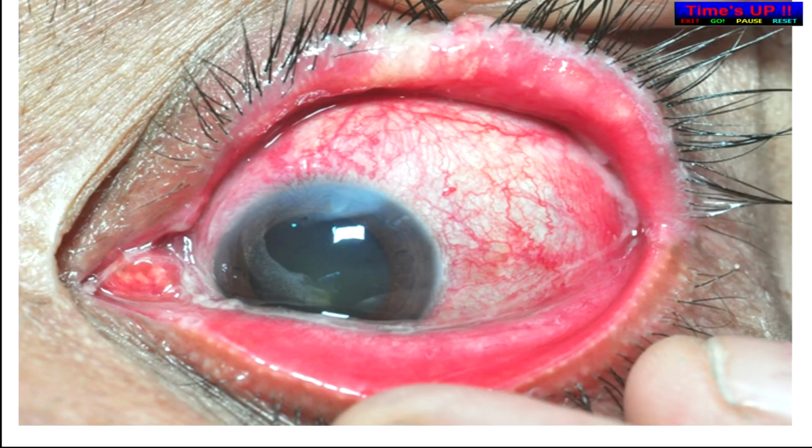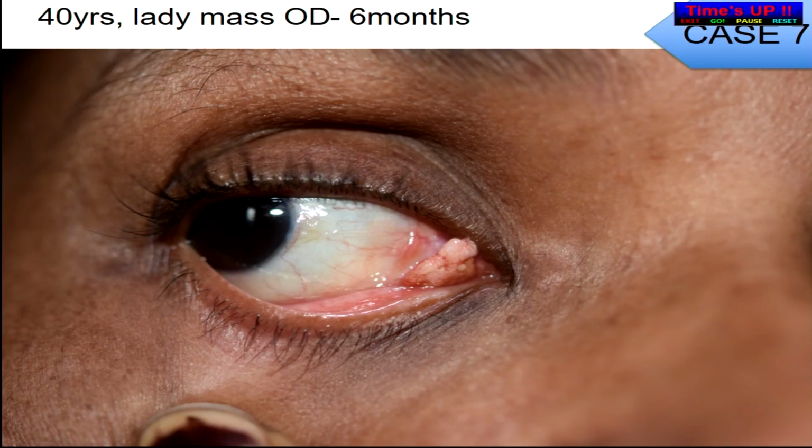And in a diffuse variant of this kind of blepharoconjunctivitis, always be aware of the entity called the intraepithelial SGC. All right, this is sebaceous gland carcinoma, the intraepithelial or the pagetoid variant, which is presenting as a blepharoconjunctivitis involving the conjunctiva. This is a 40-year-old lady with a mass in the right eye, 6 months duration. Any diagnosis? A caruncular tumor.